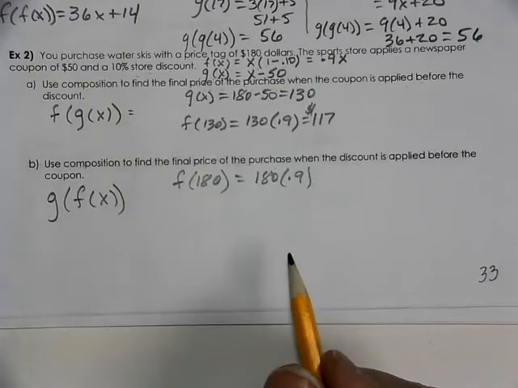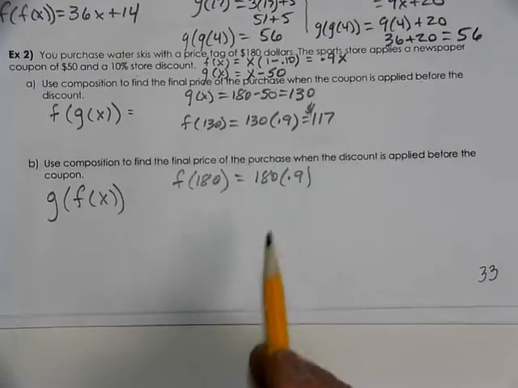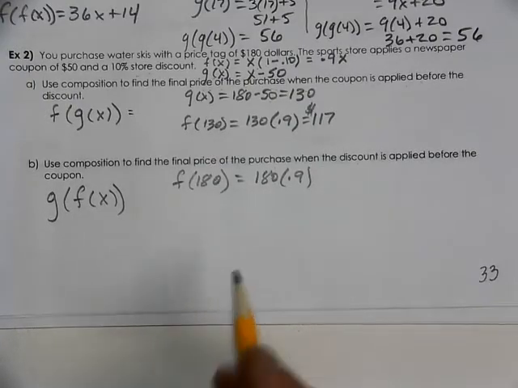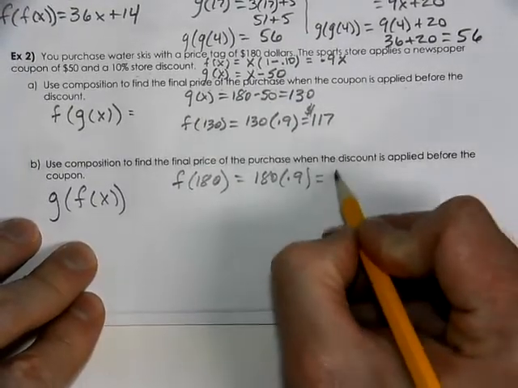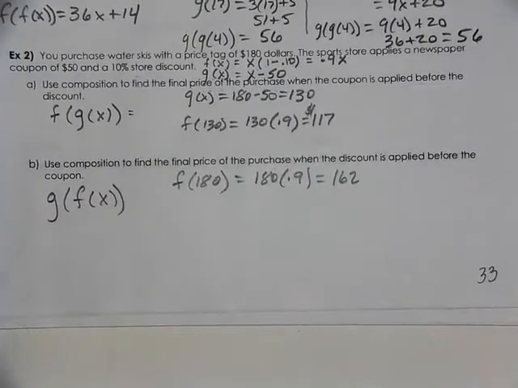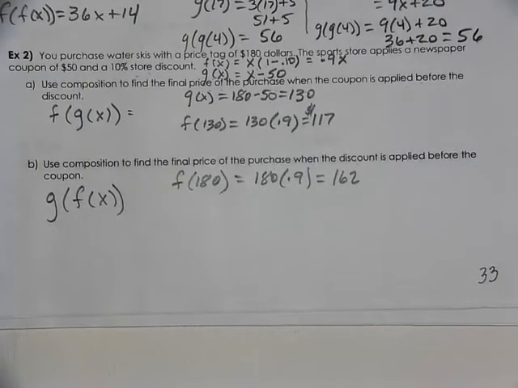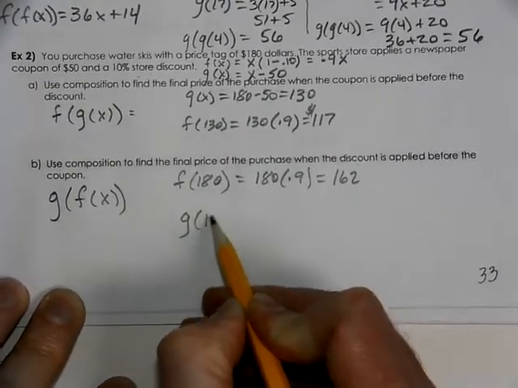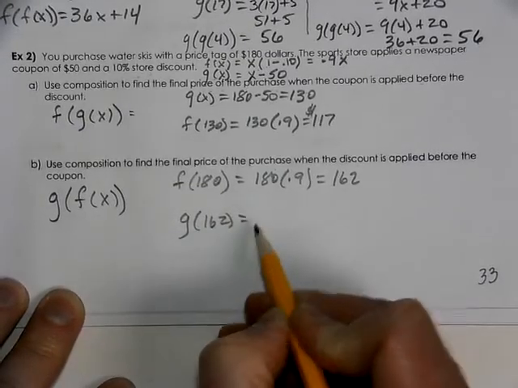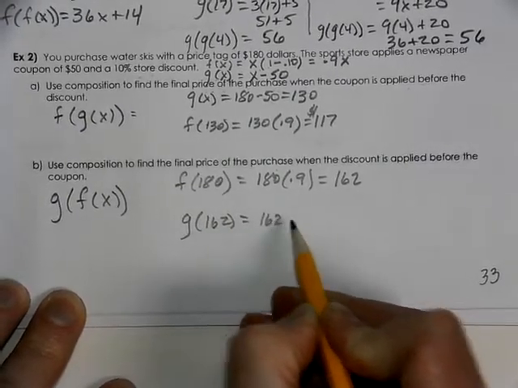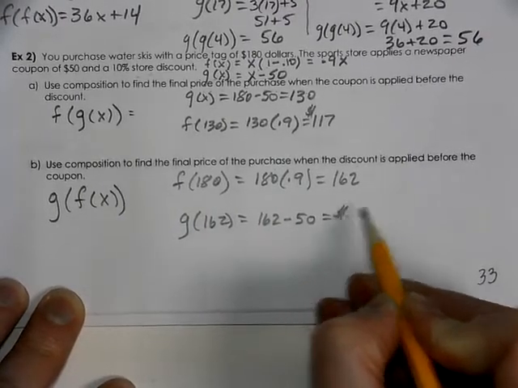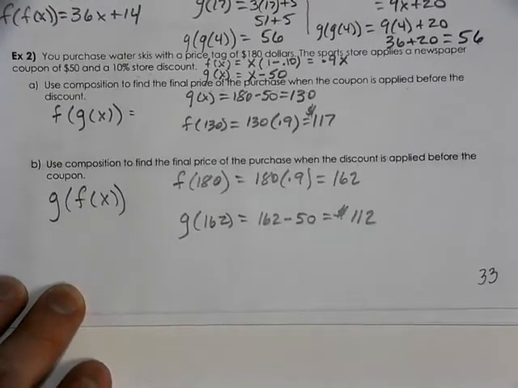Well, 10% of 180 is 18, and if we take that off of that, that's going to be 162. So then with the g function, we take the 162 and we subtract the 50 from it, and that gives us a total price of $112.